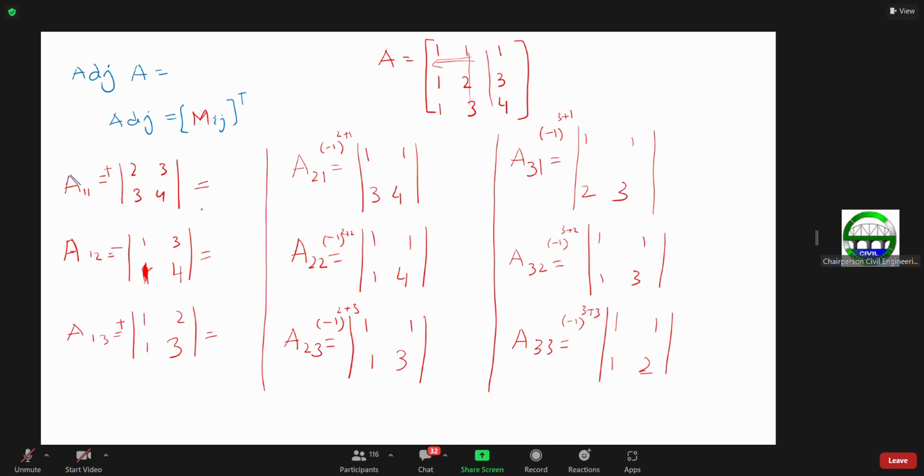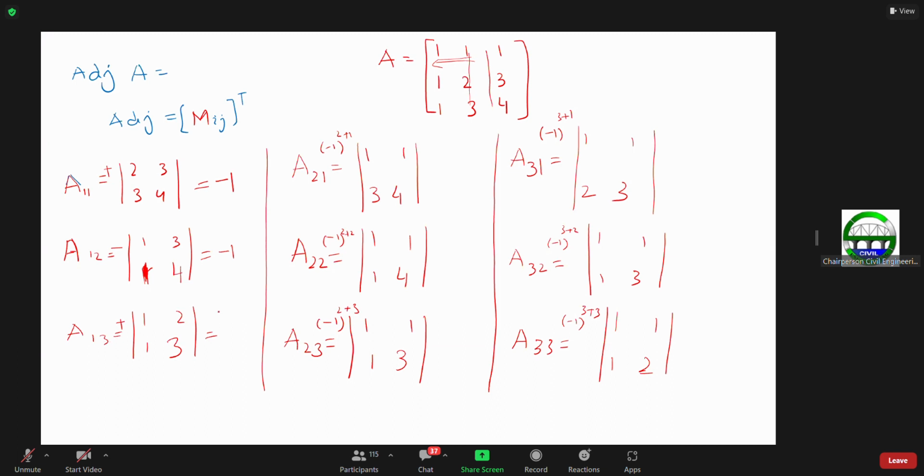So please tell me the A11. What is the value in here? Minus 1. What is the value of A12? Minus 1. What is the value of A13?